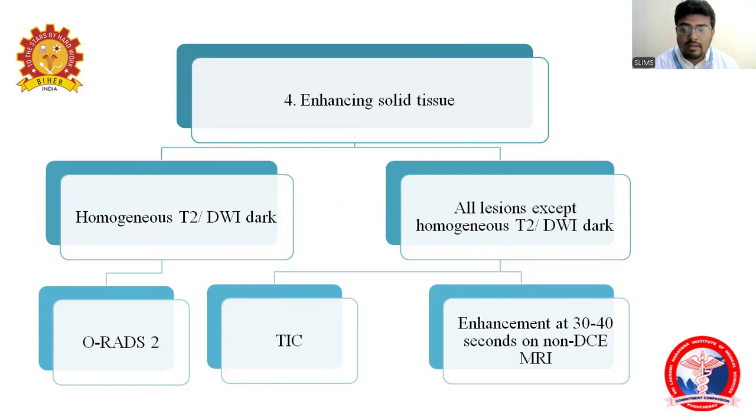In case of all other lesions, except these fibroma or fibrothecoma kind of lesions, we should look for the DCE-MRI, particularly the time intensity curve based on the calibration done by the software. And in case where the DCE-MRI was not available, we can look for the enhancement at 30 to 40 seconds on a non-DCE MRI, which is usually a T1 weighted post-contrast sequence.